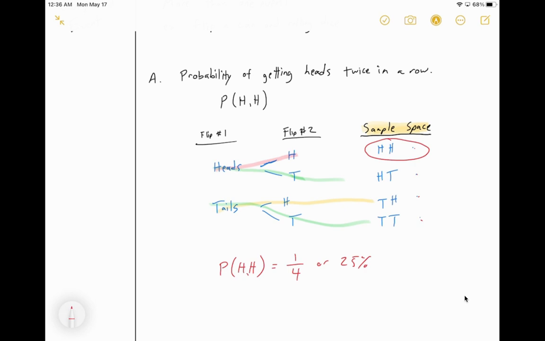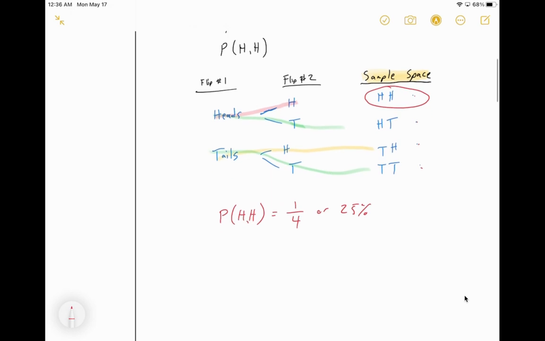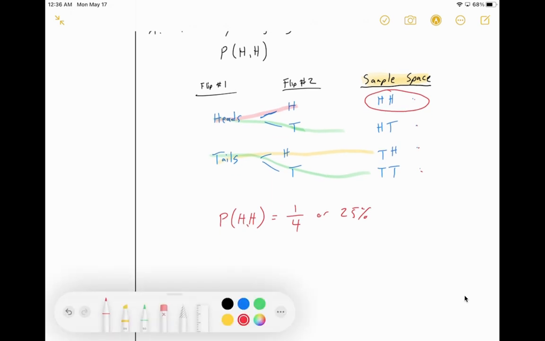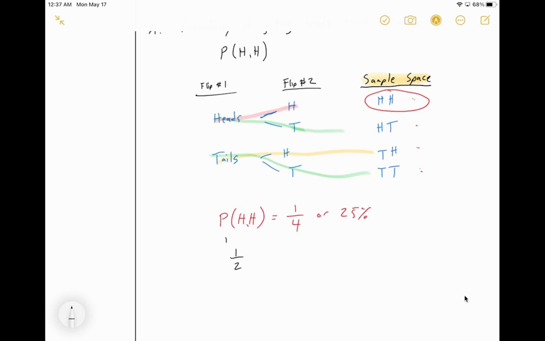Now, another way you could look at this is you could look at the individual probabilities of each. So, for example, I could say, well, I know the probability of getting heads one time is 1/2, right? The probability of getting heads is 1/2. The probability of getting heads again is also 1/2.